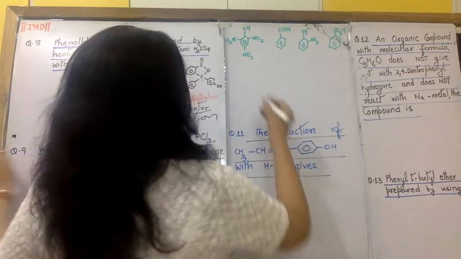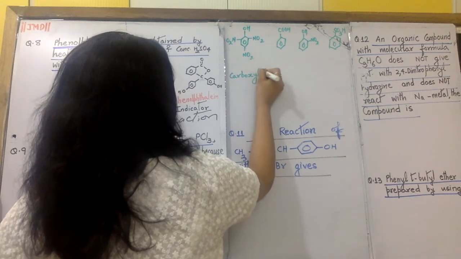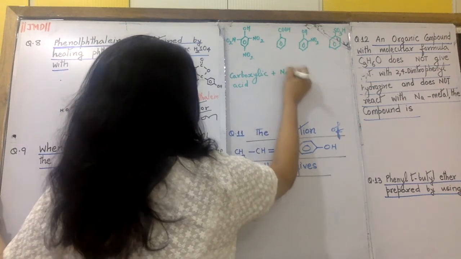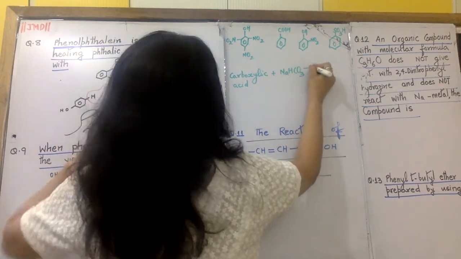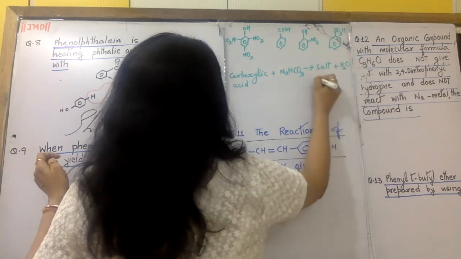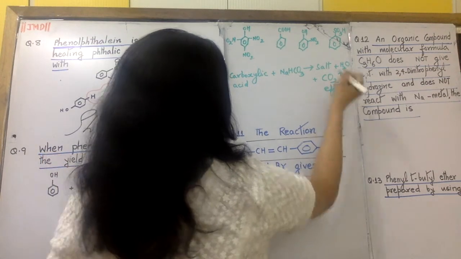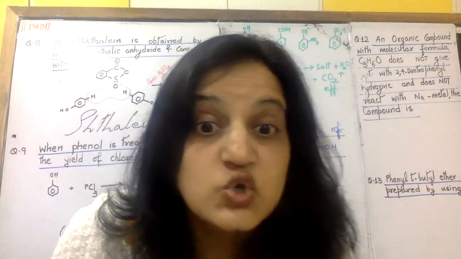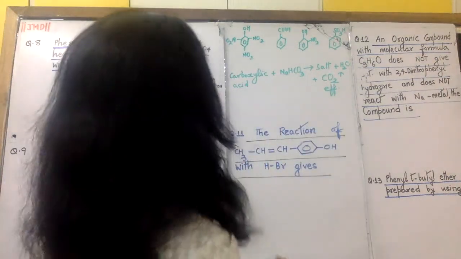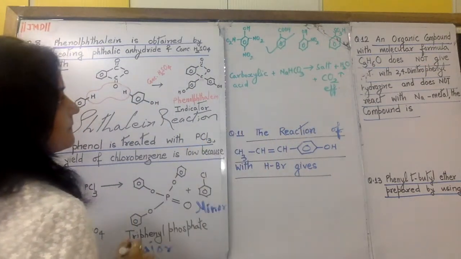Now we know carboxylic acid reacts with sodium bicarbonate to give the salt, the water, and the carbon dioxide effervescence. Sawal hai, which of the following is not soluble? तो ये तो soluble होगा, dissolve हो गया.